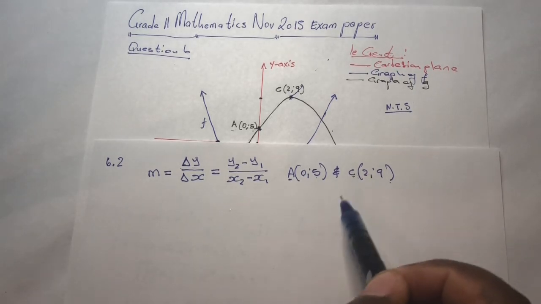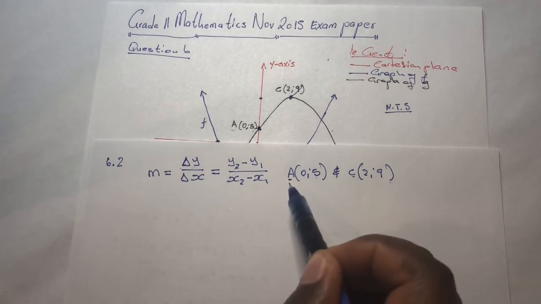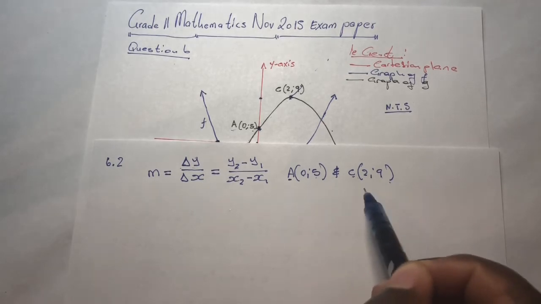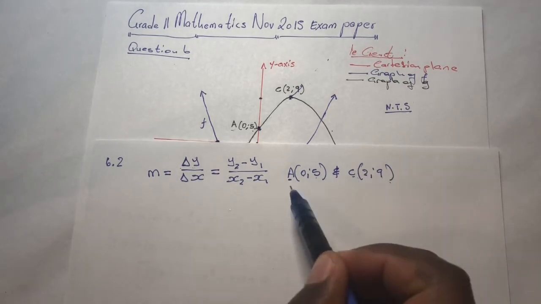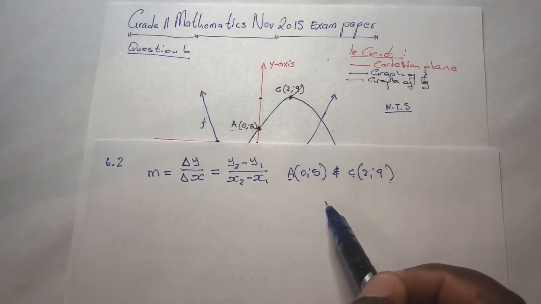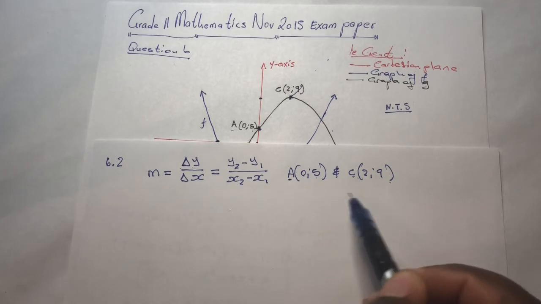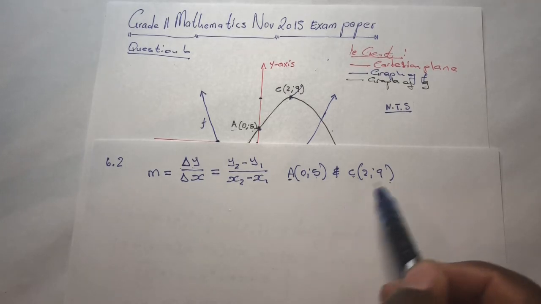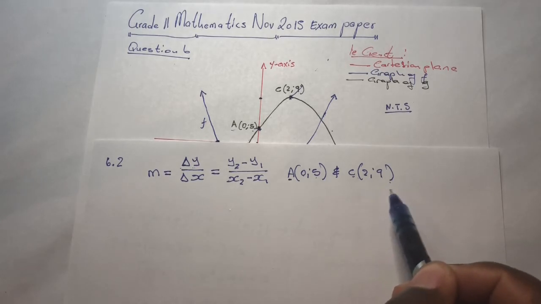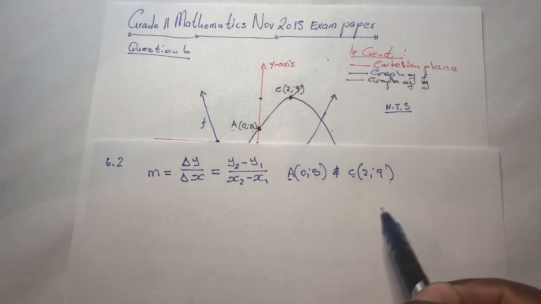If I had different letters, let's say I had D and F. That would mean my D is x1 and y1. Then my F would be x2 and y2.